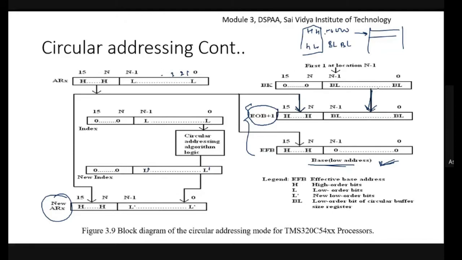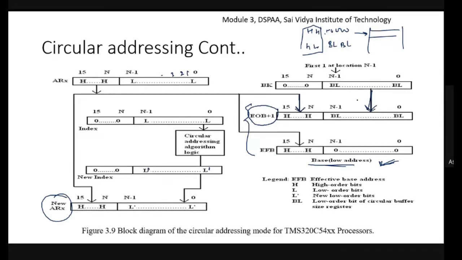Why is it written here? The ARX and BK registers play a very important role in circular addressing. ARX is written first, BK next. From ARX, higher order words will be taken; from the BK register, lower bits will be taken. So this is about the BK and BL register values.